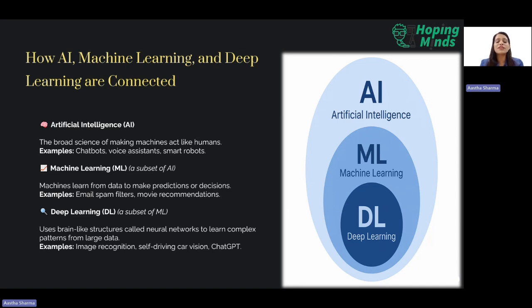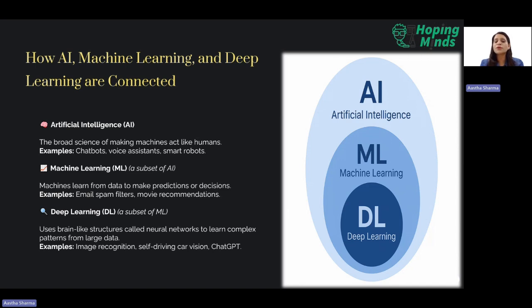Deep learning, which is a subset of machine learning, uses brain-like structures called neural networks, a complex structure, to find patterns in large data, right? That is where image recognition, self-driving cars, and ChatGPT-like things come into the picture. So now you are at a stage where you can understand what is AI, what is ML, and what is deep learning.